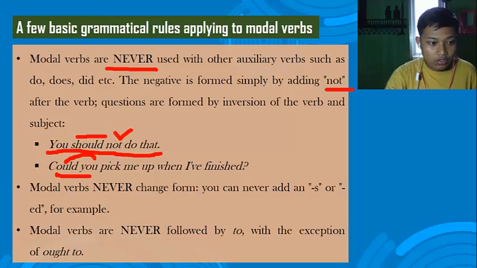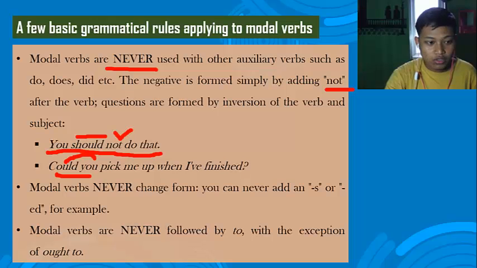And the second rule, modal verbs never change form. Whenever the subject is he, she, or it, the modal is still the same. For example, he can speak English. We may not say he cans speak English. That is totally wrong.